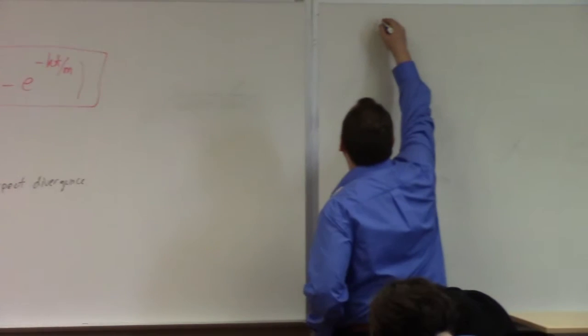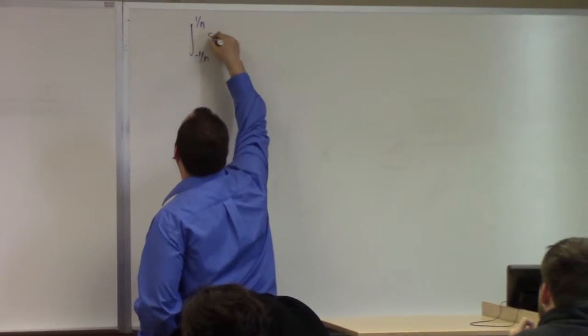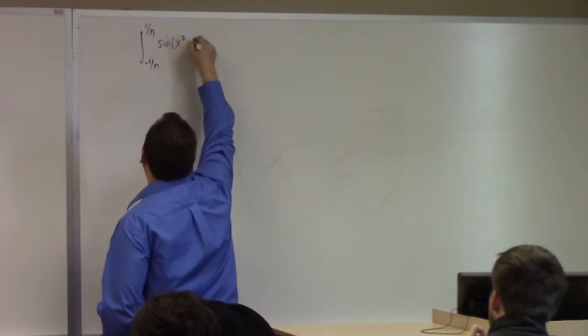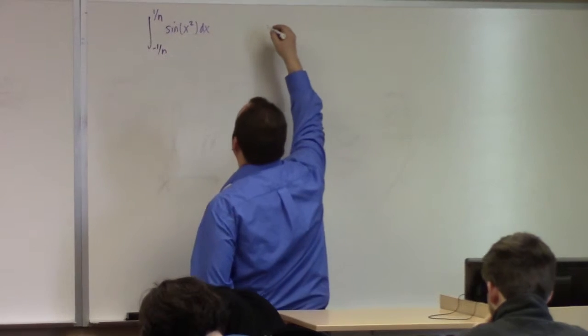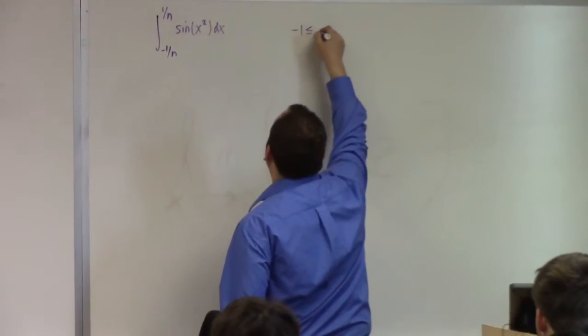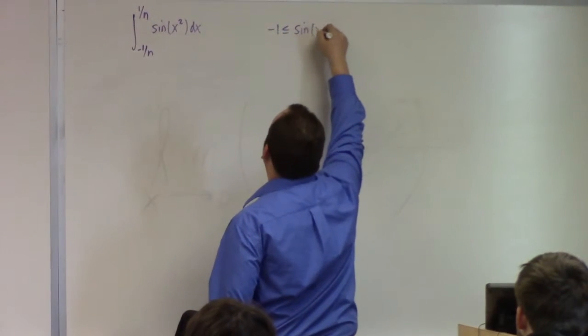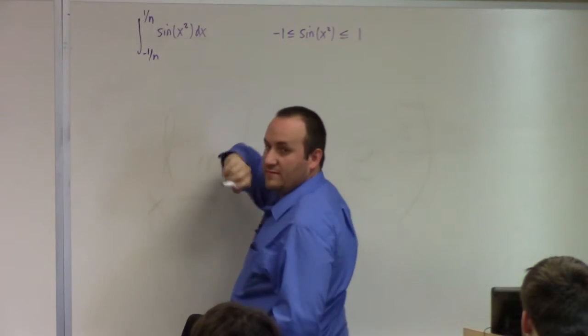Sure. I retried that. The one you're thinking of is this one, the integral from minus 1 over n to 1 over n of the sine of x squared. Here's basically the argument you can use. Minus 1 is less than or equal to sine of x squared is less than or equal to 1. Right?